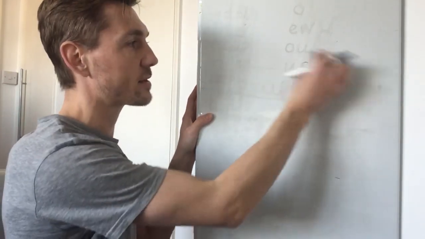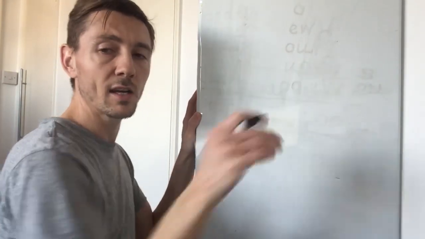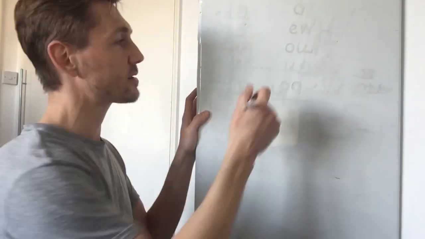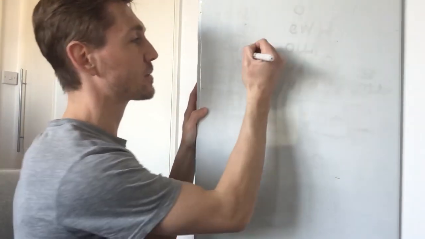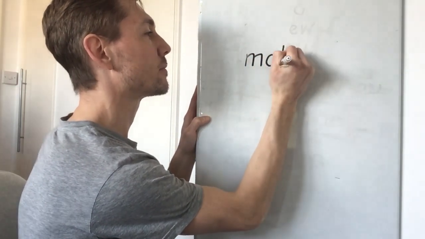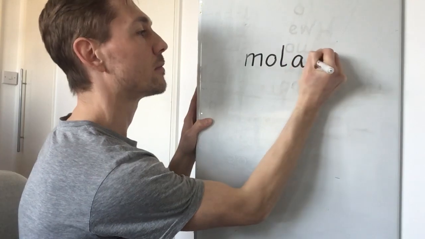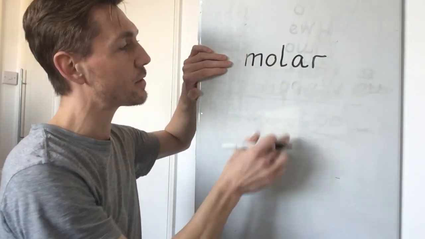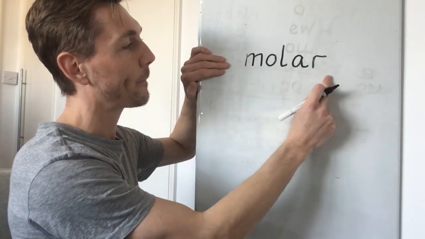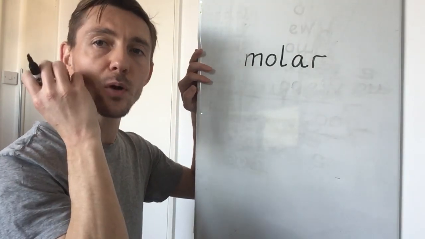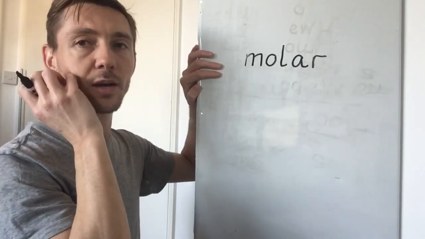So I'll demonstrate further today in case there's any misunderstanding of this. Read the word after 3. 1, 2, 3. The word is molar. Molar as in the molar teeth at the back of your mouth.